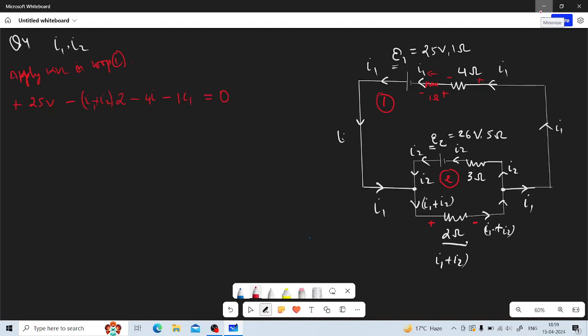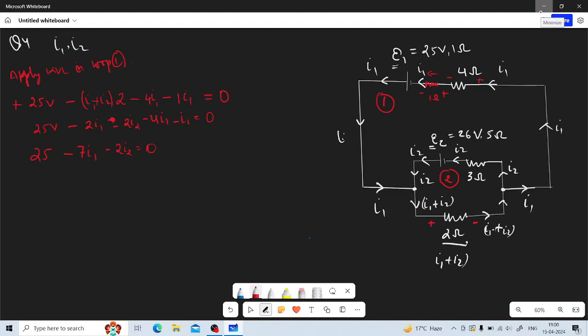Now this will become 25 volt minus 2 times I1, minus 2 times I2, minus 4 times I1, minus I1, equal to 0. So we have 25 minus 2 I1, 4 I1, 6 I1, 7 I1, minus 7 times I1 minus 2 times I2, that is 0.